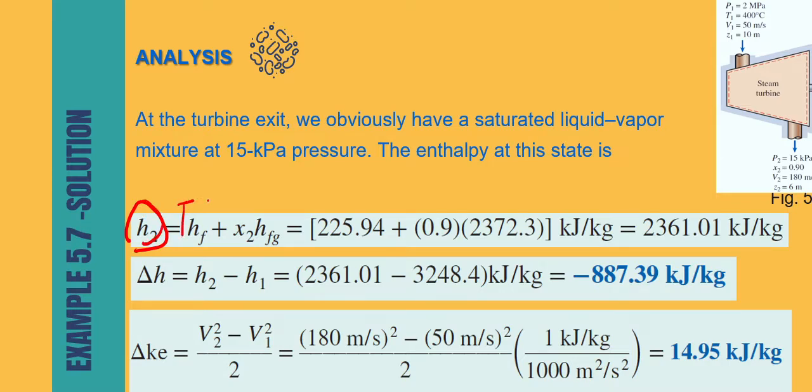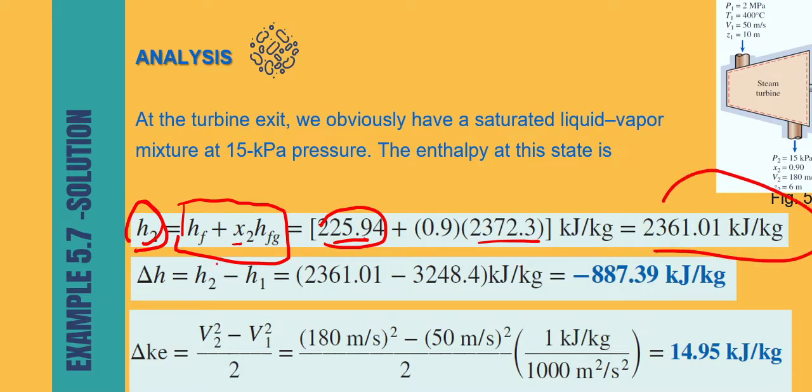You can calculate using this equation: H equals HF plus X times HFG. So refer to the saturated liquid table, find the value of HF and HFG, and then you get the value of H2.